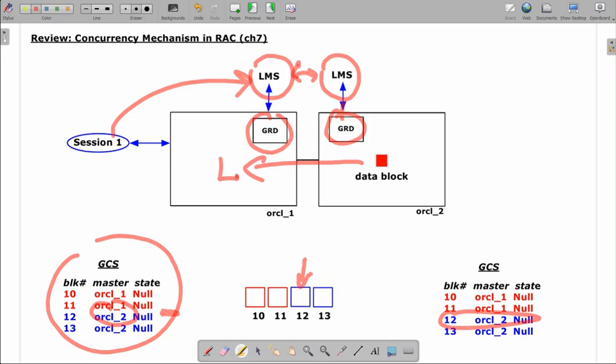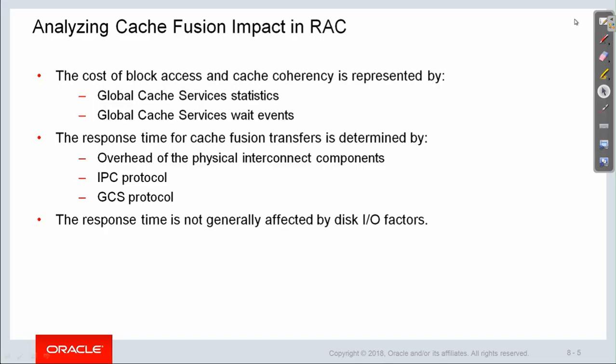Then we are able to access the database block. So as you can see, the cost of a block access includes global cache service statistics and also wait time. I'm requesting a block, and to get this block, we have to go through multiple processes, and then we will have to wait until the block is delivered.